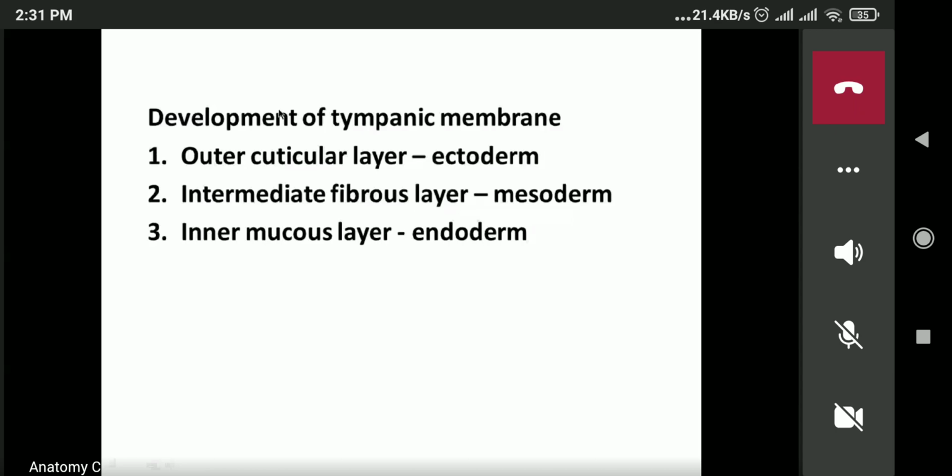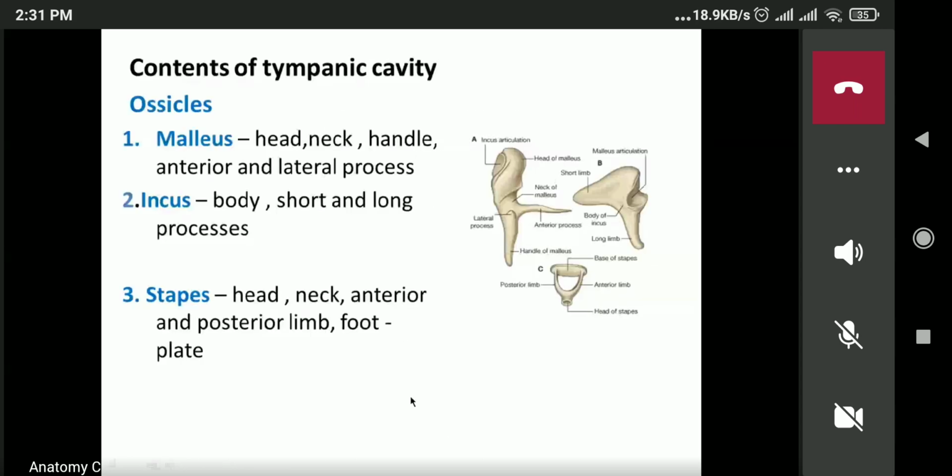So the outermost cuticular layer is the ectoderm, the intermediate fibrous layer is the mesoderm, and the innermost mucous layer develops from endoderm. So it is developed from all 3 germinal layers. This is important.